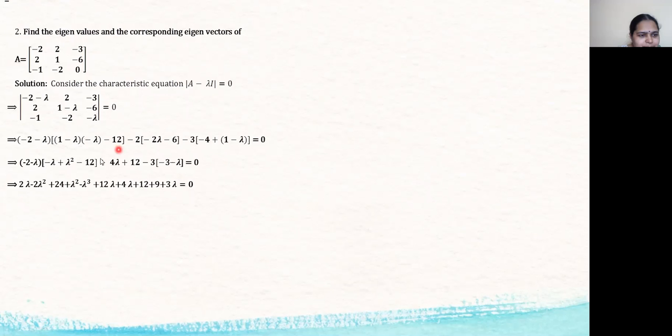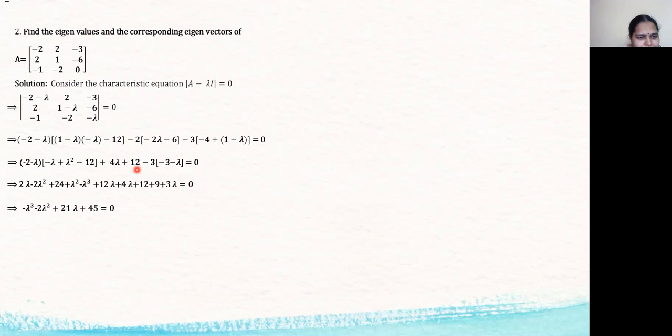Now the second step, we multiply these two factors. Minus 2 into minus lambda is plus 2 lambda, then minus 2 lambda square plus 24, then plus lambda square, minus lambda cube, then plus 12 lambda. Then these two elements remain the same, then plus 9 plus 3 lambda equal to 0.